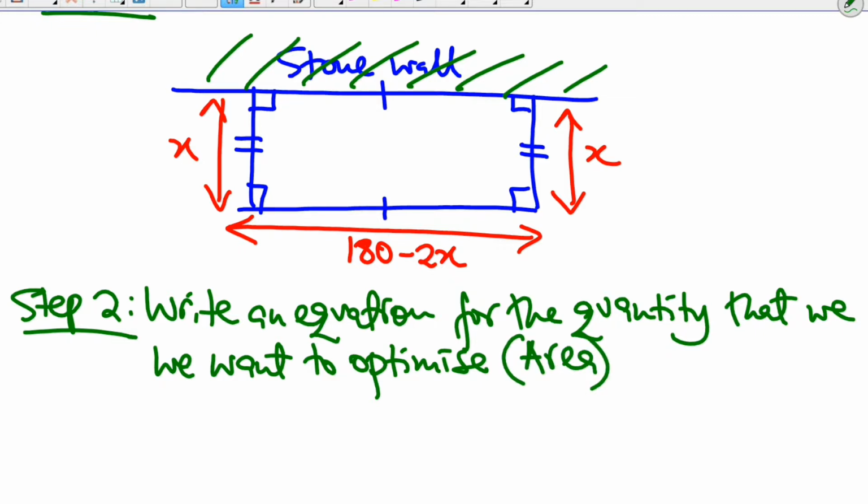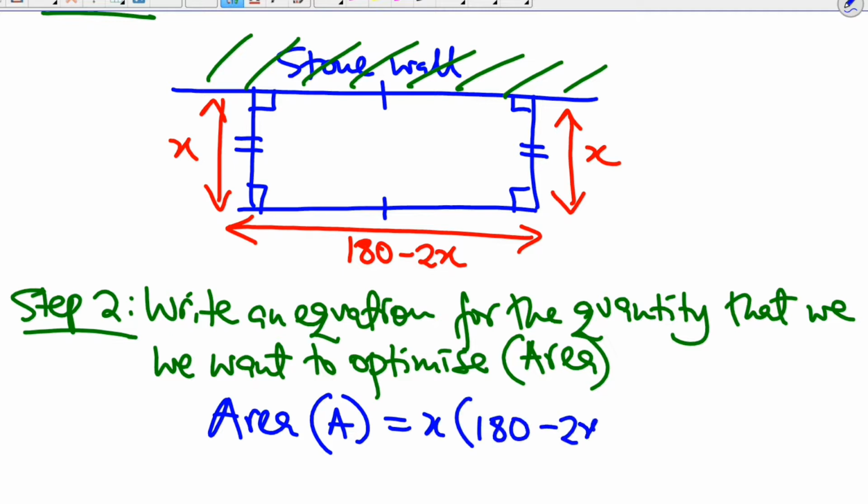So how do we find the area of this farm? The area will just be equal to length times width, which is x multiplied by 180 minus 2x, which we can FOIL. So this is an equation for the area.